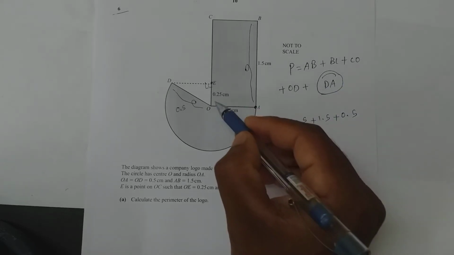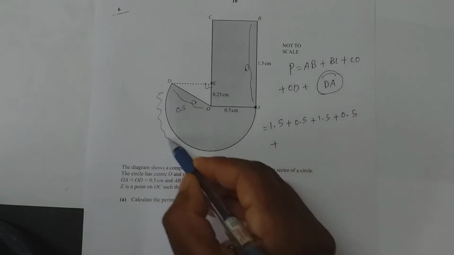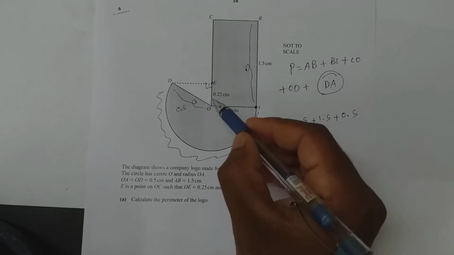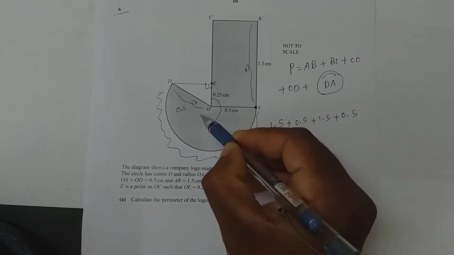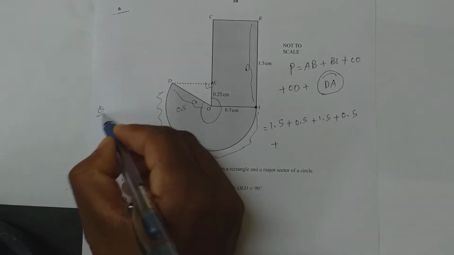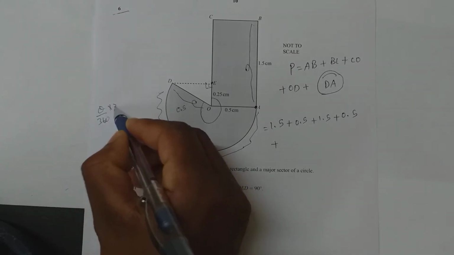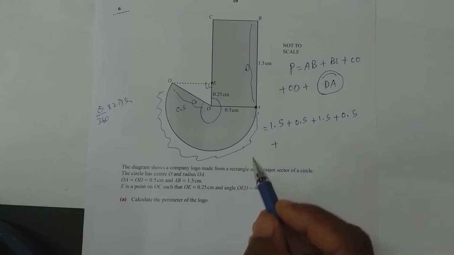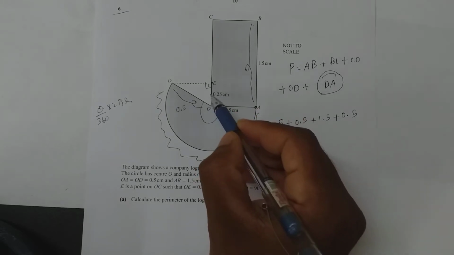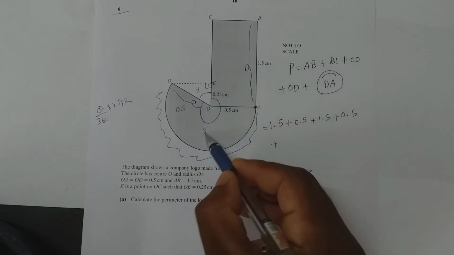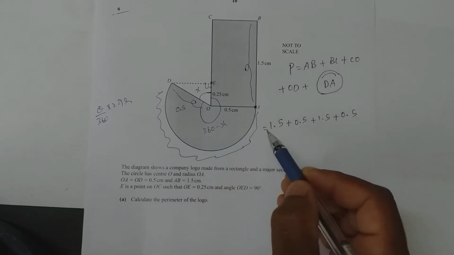For that, this arc length I am trying to find out. Did you understand? How much is this angle is what I need to know. If I know the angle, then the arc length formula is theta by 360 times 2 pi r. If I get this angle x, this angle will be 360 minus x.